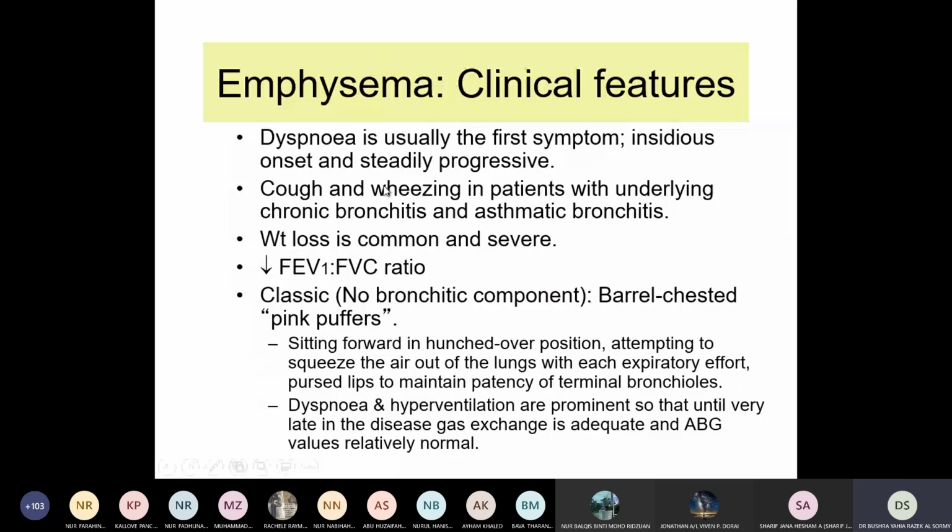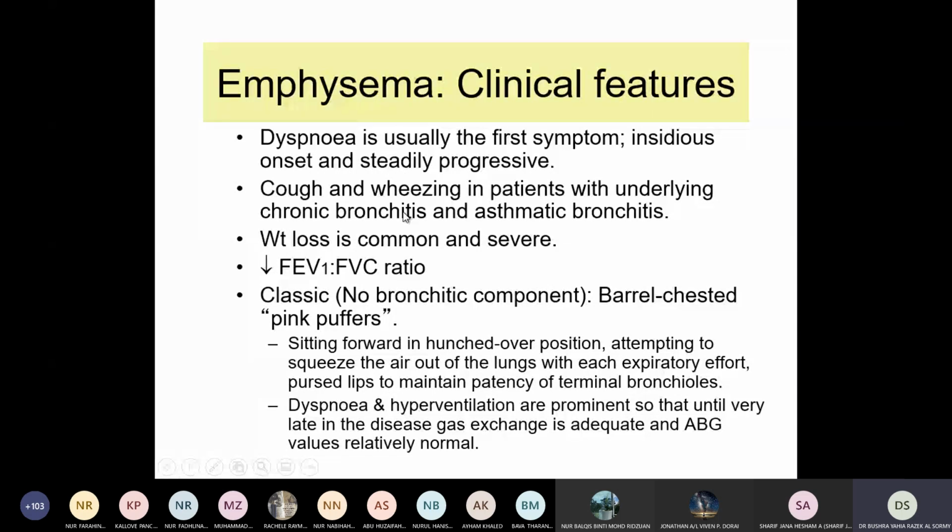Okay, what are the clinical features of emphysema? Patients usually have dyspnea, which is usually the first symptom, and this is insidious and steadily progressive. Cough also, and wheezing in a patient with underlying chronic bronchitis. We said usually the two conditions exist together, isn't it?